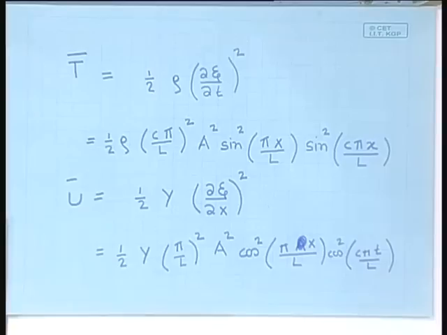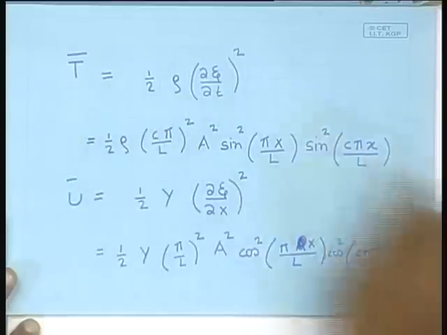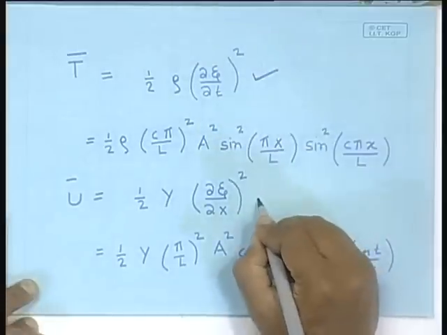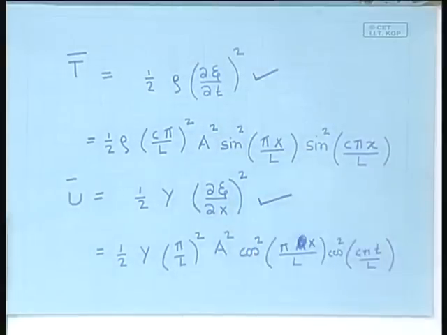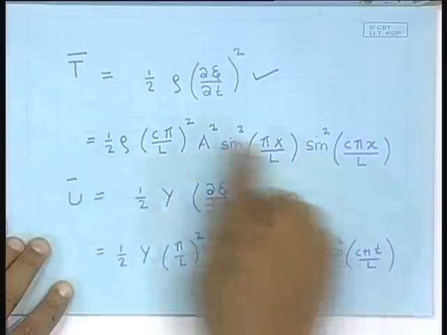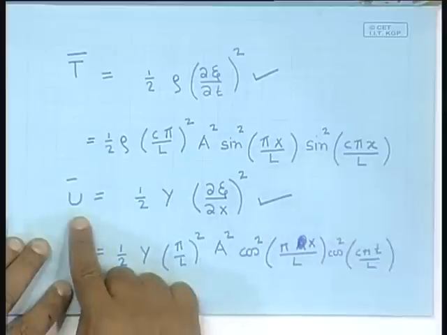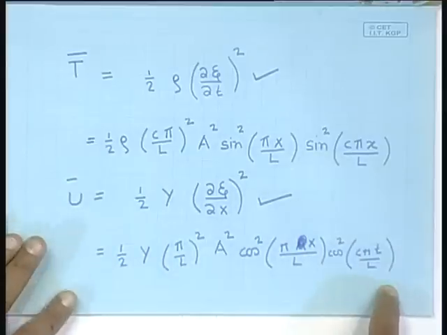They are also valid if you have deformations in all three directions, but we are not really interested in that. So these are very general expressions, valid in a large variety of situations. And for the standing wave which we are considering, the instantaneous kinetic energy per unit volume is given over here, and the instantaneous potential energy per unit volume is given over here.